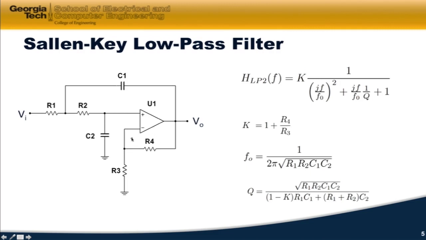If you used whatever circuit analysis techniques you preferred to solve for the ratio of Vout to Vin in this circuit, you would find that that ratio has the form of a second-order low-pass transfer function.